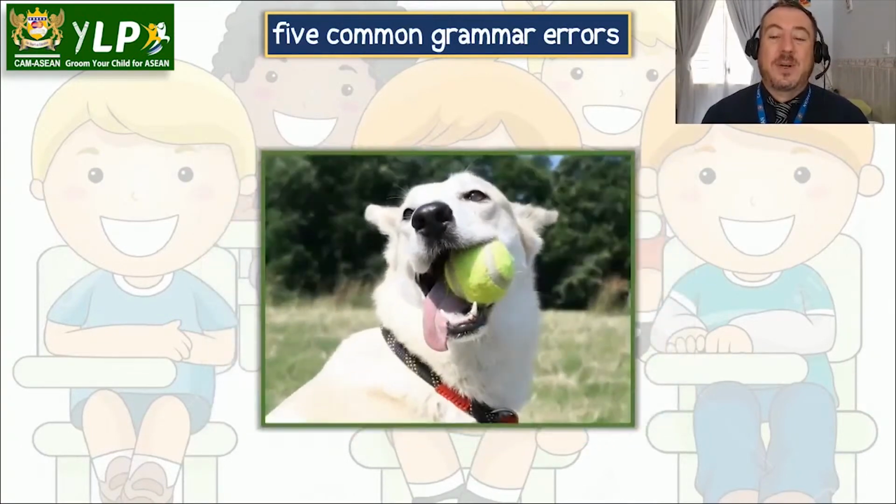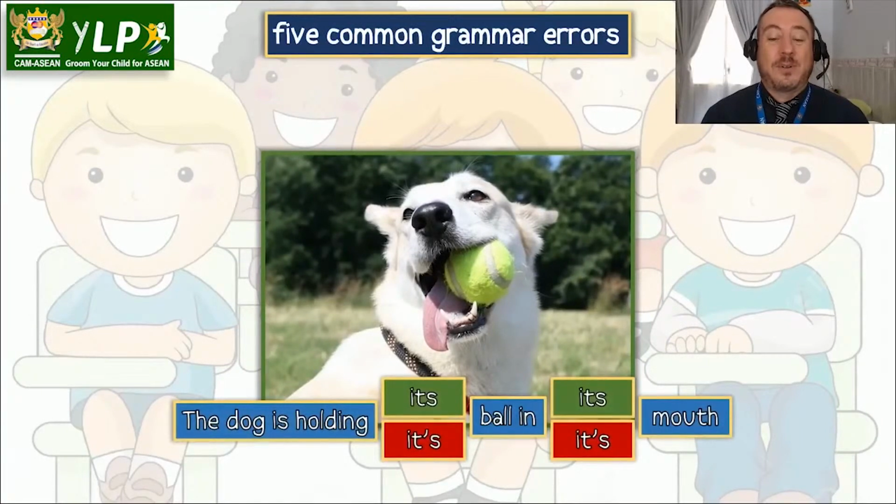Okay, let's look at the next one. So we've got a dog. Now, this looks quite difficult. The dog is holding its ball in its mouth. Now, I'll give you a clue. It's the same its for both of them, but is it the green its or the red its? Well, let's do the same test.